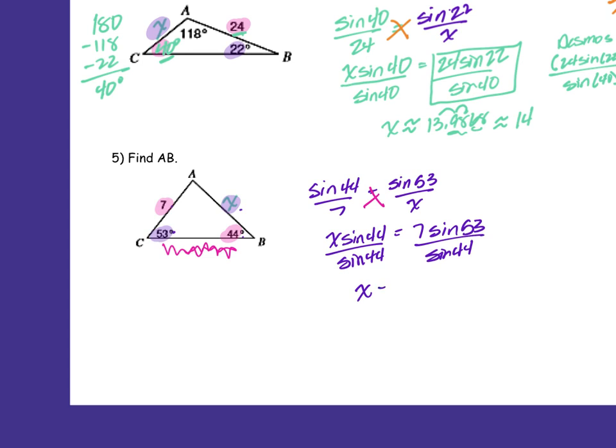So x is going to equal, I think, 8.04, which, if I'm going to round to one decimal place, would be 8.0. Okay? At least I'm pretty sure. Let me look again. Yeah, sine of 53. Okay. So, yep. Good, Jess. Yes.